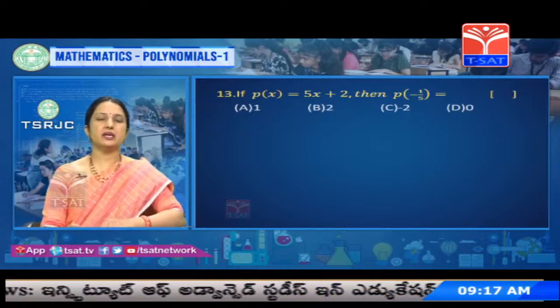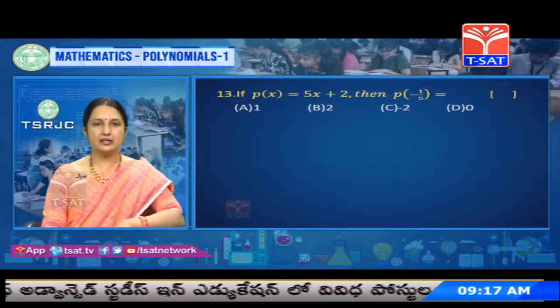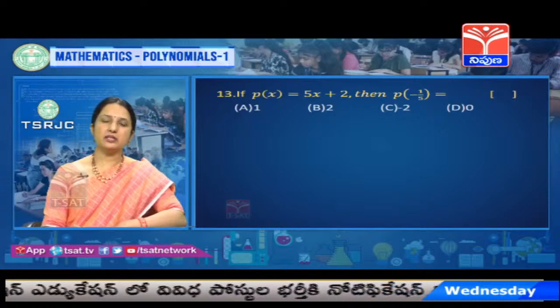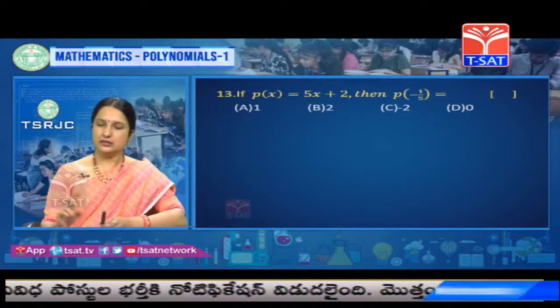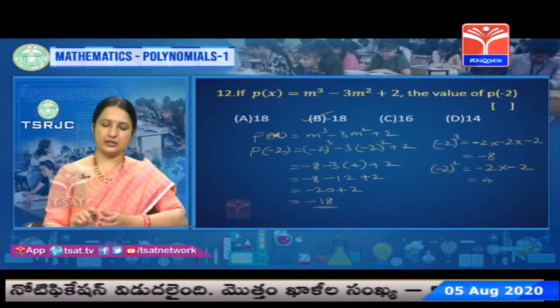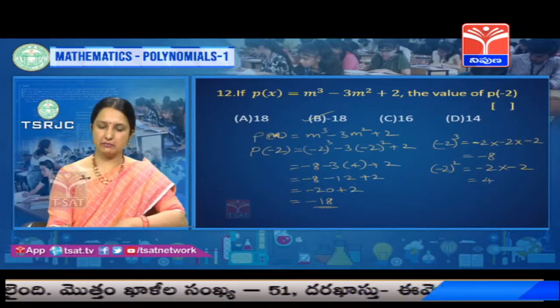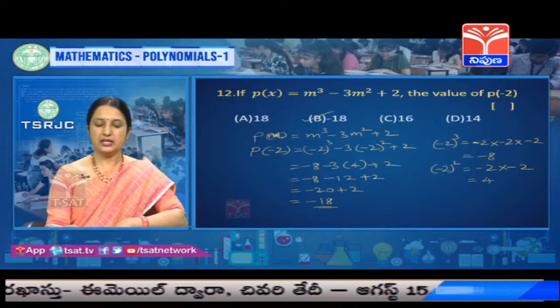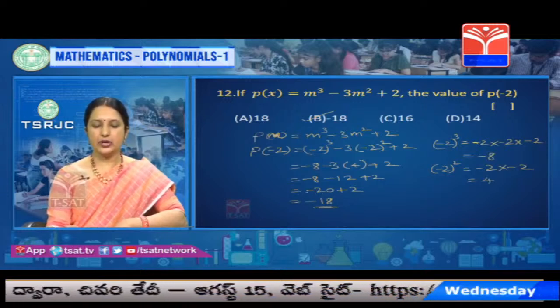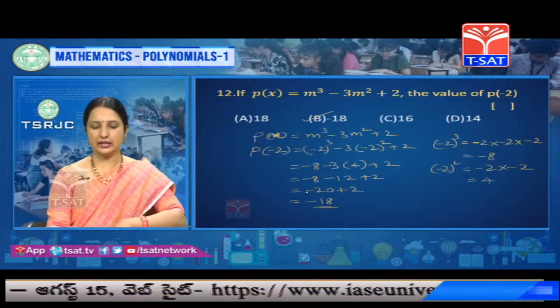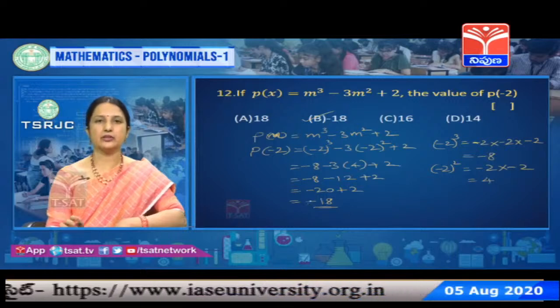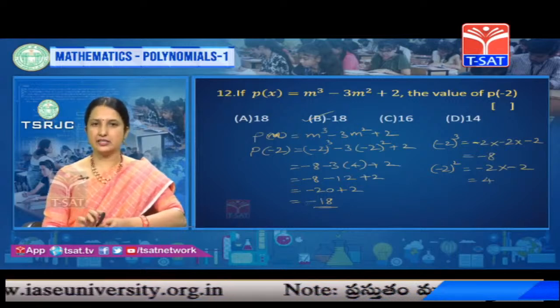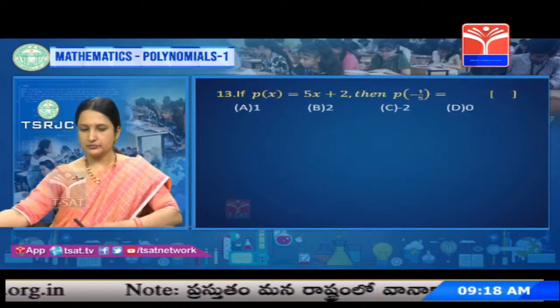When one negative number is there and one positive number is there, then we should subtract. But see, the highest value has a negative symbol. So, in the answer we have to write a negative symbol. Minus 18 is the correct answer.